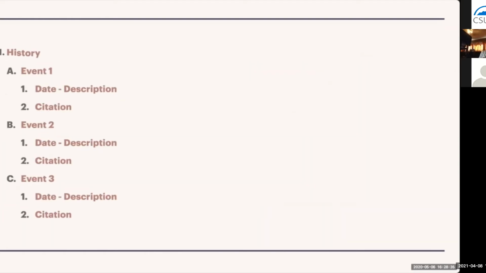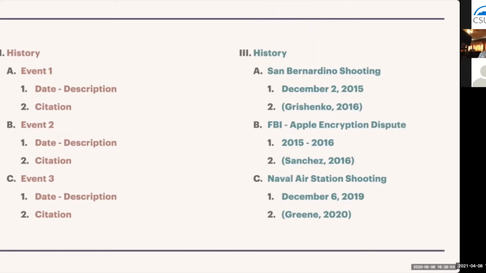So once we do our definitions, then we go into the history of it. And this is a chronological timeline showing us how did we get here? So I have event 1, 2, and 3 with a date, description, and a citation. You'll notice in the example I don't include a description for the sake of space, but this will give you an idea of what I'm talking about.